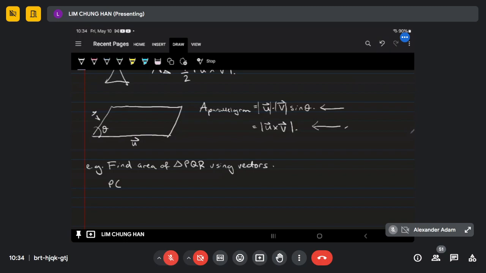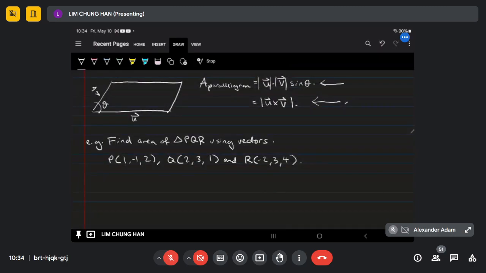So P has coordinate of 1, -1, 2. Q is 2, 3, 1. And R is -2, 3, 4.